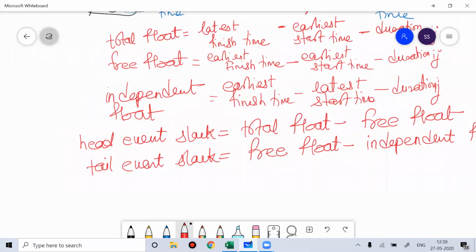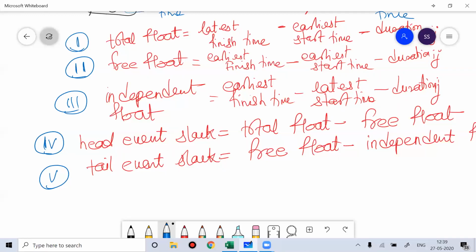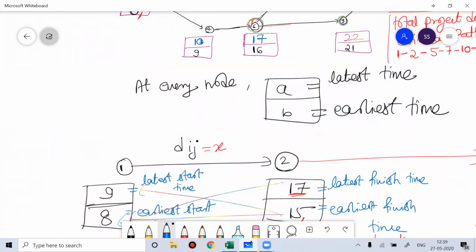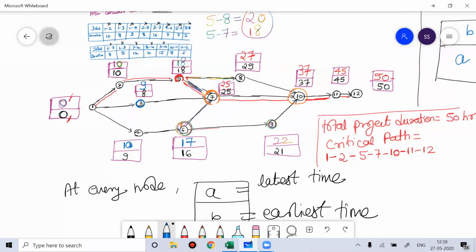We'll talk about how to do the calculation of total float, free float, independent float, head event slack, and tail event slack. All these calculations we'll do in the next class. So anyone have any doubt? Today we talked about critical path.